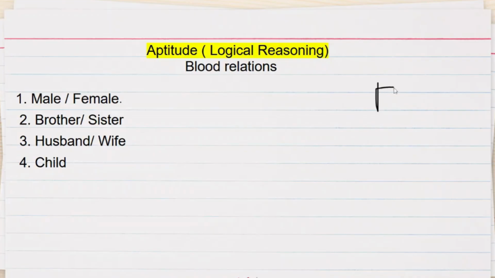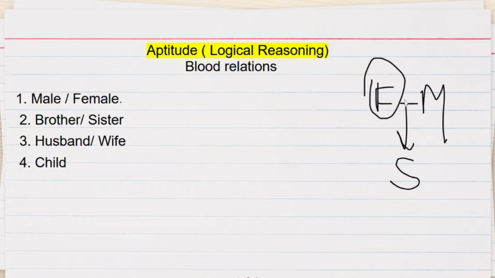Let's say there is a father, we'll write F. Then we have a mother, so we will use some alphabets and some symbols to show a family tree. You can use any symbol, and here I will share what kind of symbols I would use to solve this problem.